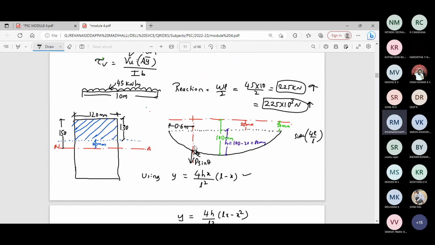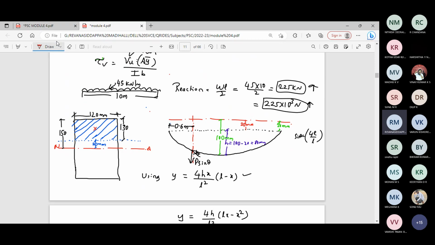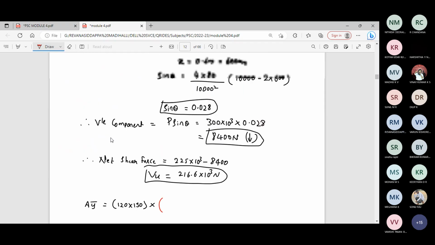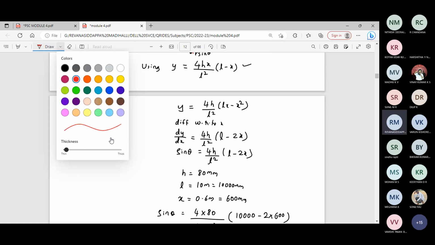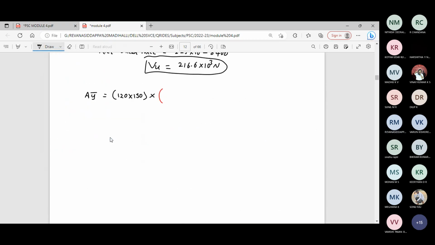Y bar is nothing but distance of centroid of shaded portion from the neutral axis. So it is 130 by 2 plus 20. Correct? So this is the value of y bar.